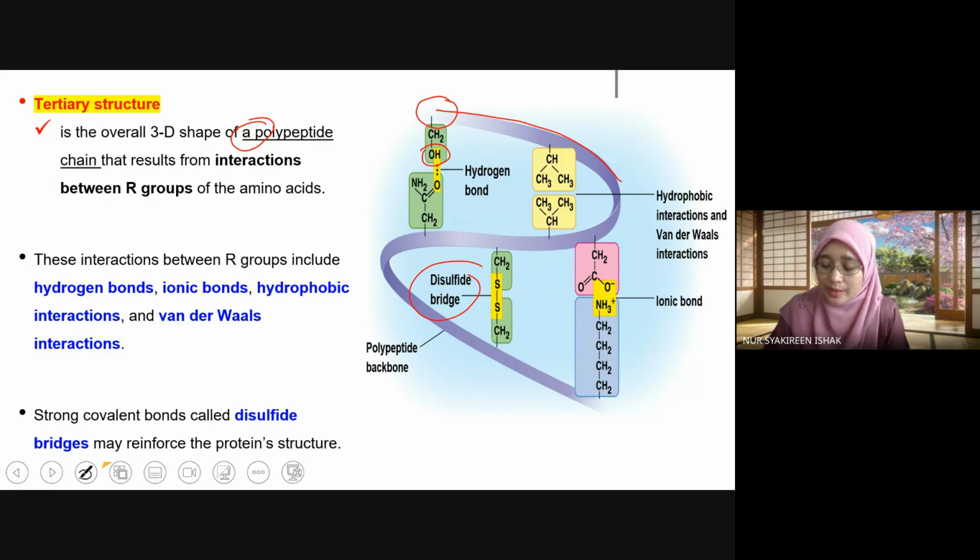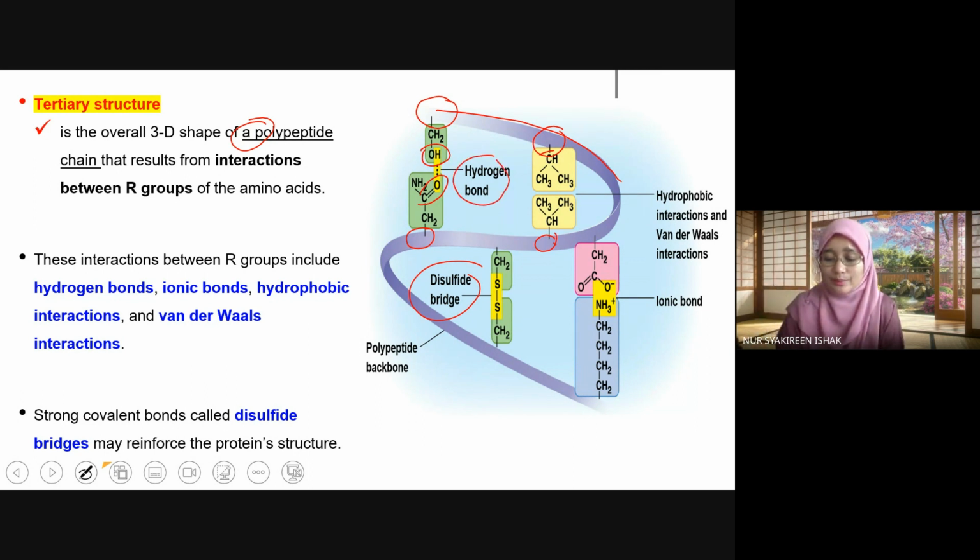Along the polypeptide chain there is another amino acid that consists of only hydrocarbon, carbon and hydrogen. Along here, you have another amino acid that also has hydrocarbons. Along here, we have another amino acid where the side chain has carbonyl and also hydroxyl. Both are polar functional groups. So they will interact to form hydrogen bonds.